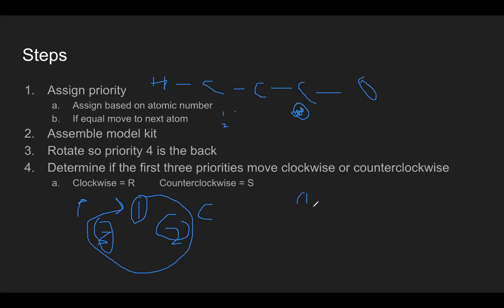However, if the priorities when they're facing you, when 4 is placed to the back, looks like this, 1, 2, 3, going around, the priorities form a counterclockwise position, meaning that they will be in priority S.